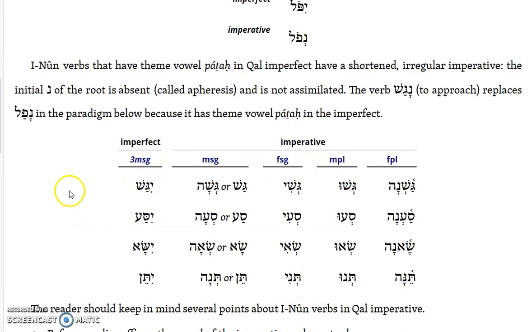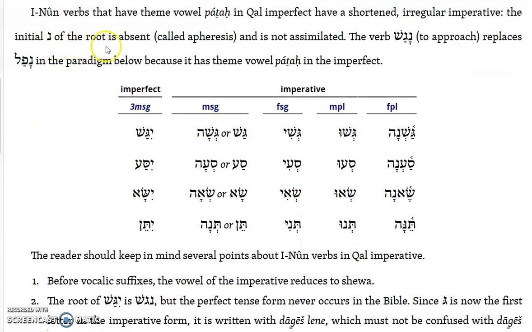However, first nun verbs that have a theme vowel patach in the Qal imperfect have a shortened irregular imperative. The initial nun of the root will disappear in such forms.